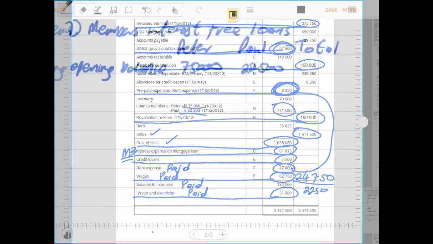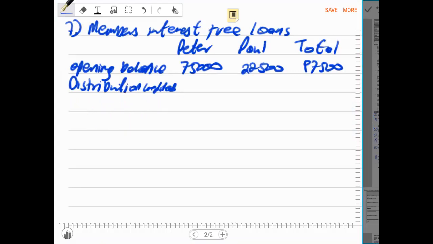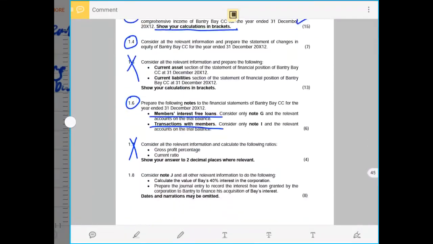So now we write the total as 97,500. Then we record distribution credited. That means the members are saying to the close corporation, please don't give us what is due to us, but credit that to our loan accounts.